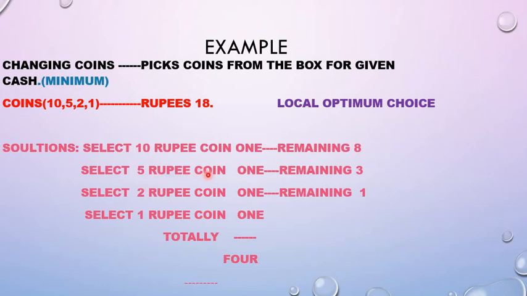I can have only one, because after removing 5 from 8, only 3 remain, so I can't pick another 5 rupee coin. So far I have changed 15 rupees, and I have to change the remaining 3 rupees.